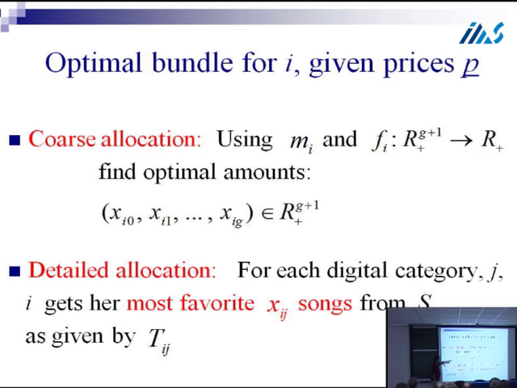And then for the songs, you go into that total order and pick out her most favorite xij songs. And that gives us the detailed allocation for this person at these prices. Okay? So that's all, quote unquote, definition.